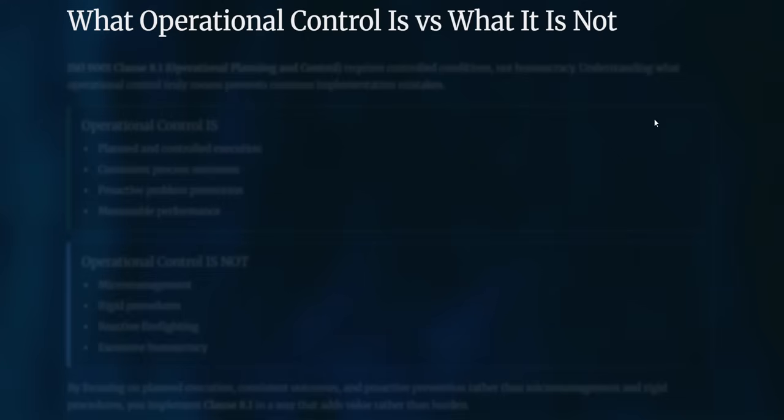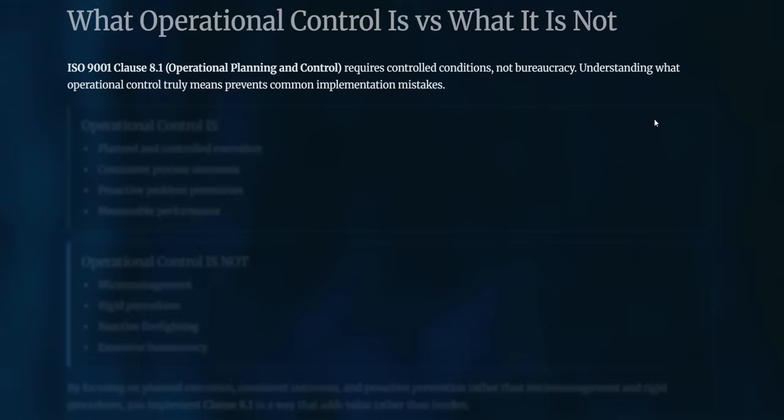Now, what operational control is and what operational control is not. Let's distinguish the difference here before we dive deeper and before we implement the comprehensive ISO Clause 8.